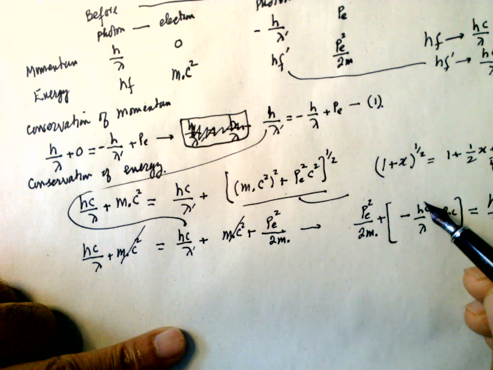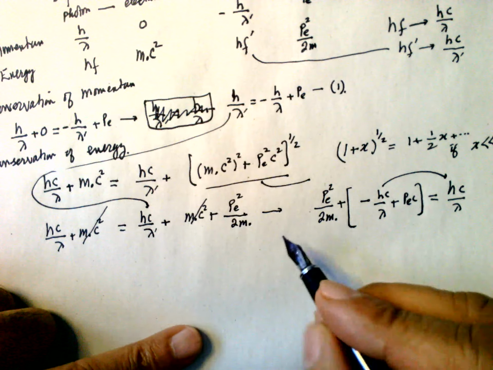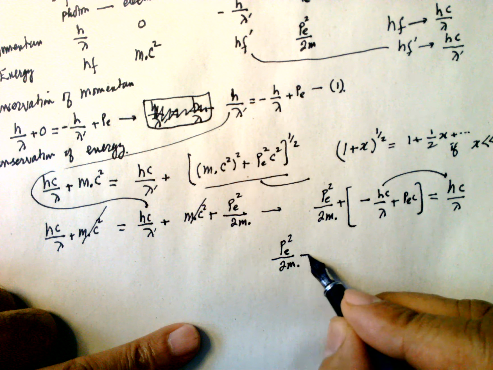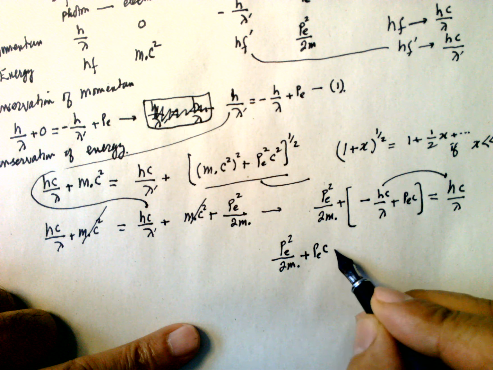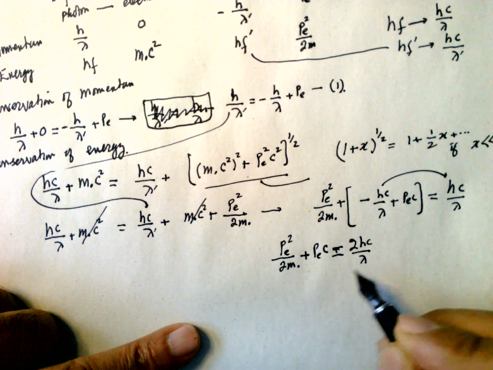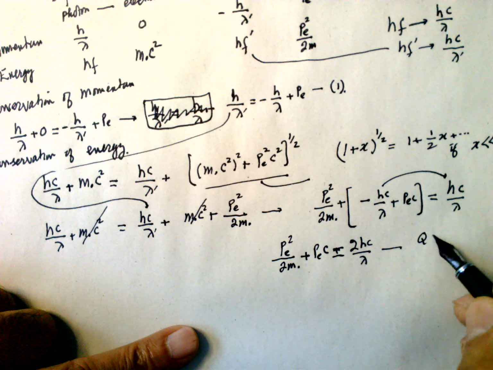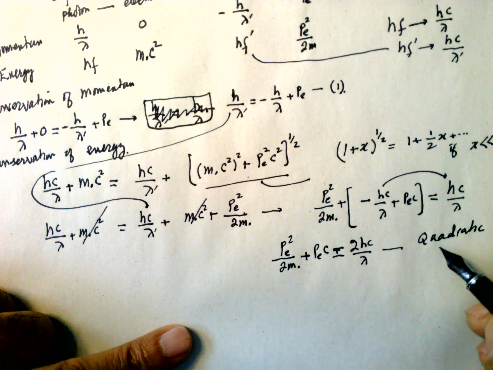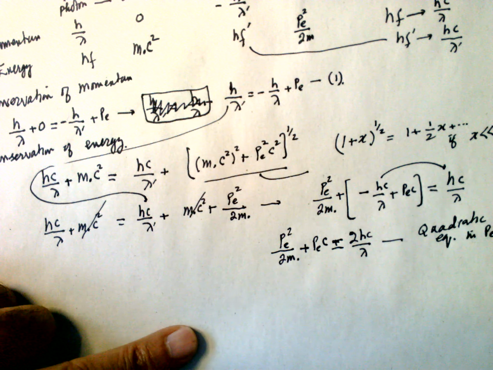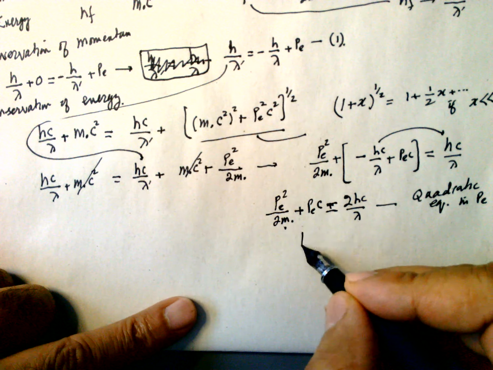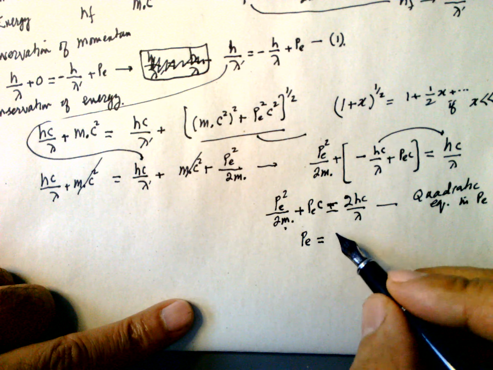This goes on this side, it will be doubled, so pe square over 2m naught plus pec is equal to 2hc over lambda. So this is a quadratic equation in PE. We can solve this using all the constants. C is constant, H is constant, lambda is given.